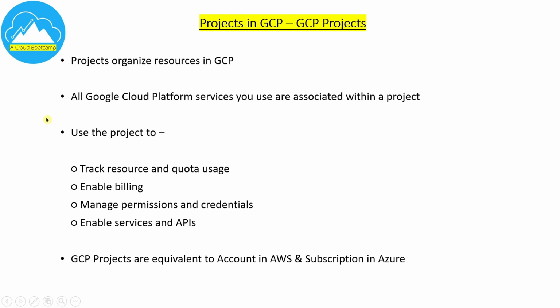And these are the kind of use cases of projects. We can have projects to track the resources and the usage of the resources. We can use projects to track the billing and also manage permissions and credentials at a project level, and enable the services and APIs for projects and the associated environments.